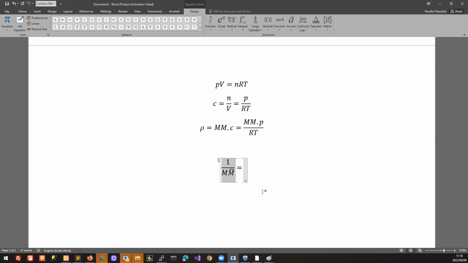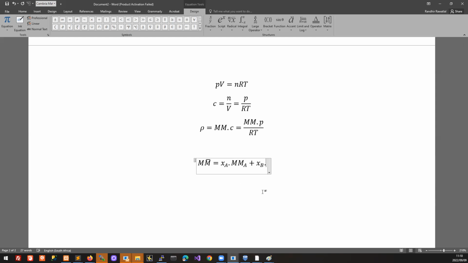Well, let's see. If we have the mole fraction, then we can do this. We can just say XA times the molar mass of A plus XB times the molar mass of B, in kilograms per mole.